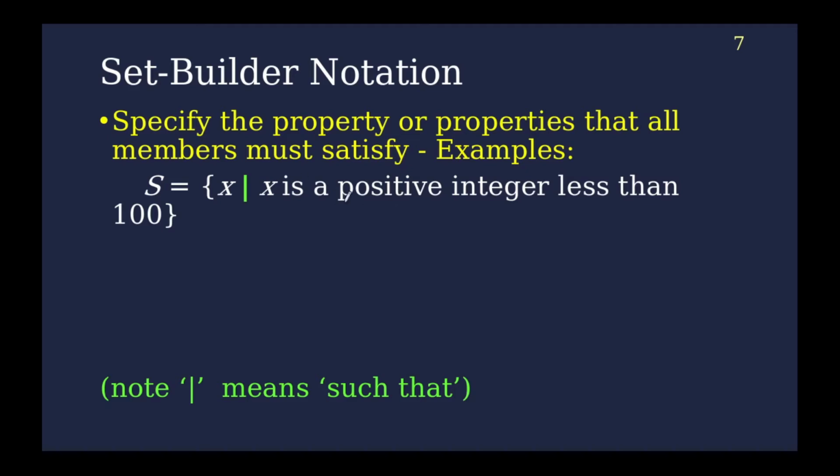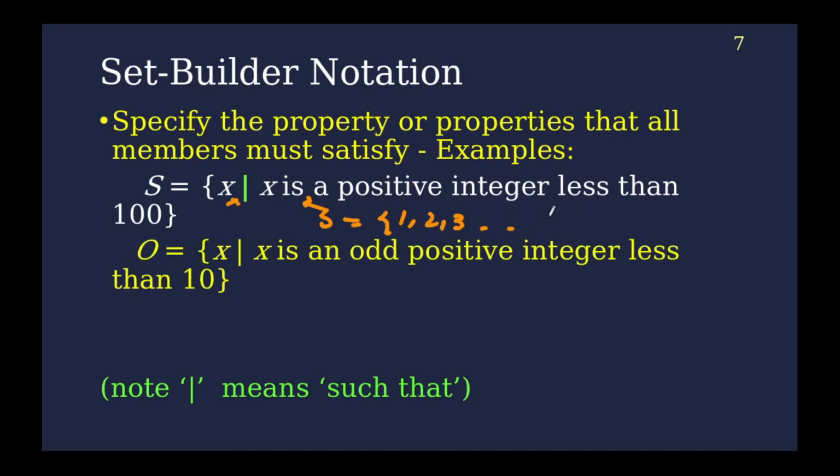So this is the property. All the elements of the set should satisfy this property. That means we can write this set S as positive integers starting from 1, 2, 3, ellipsis, up to 99.